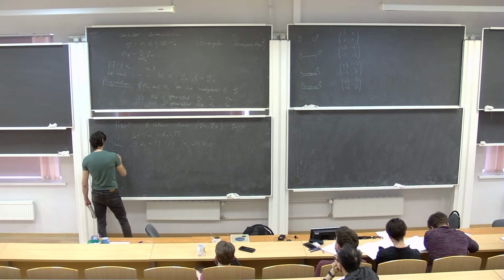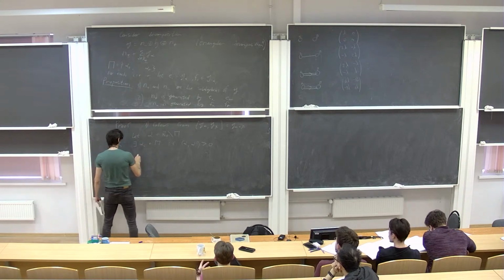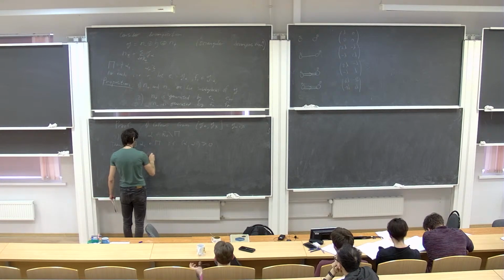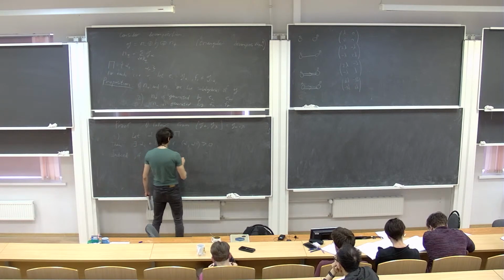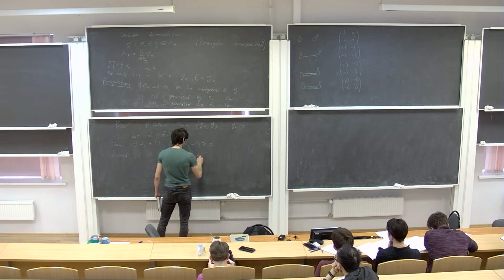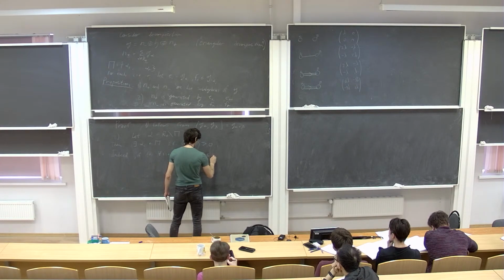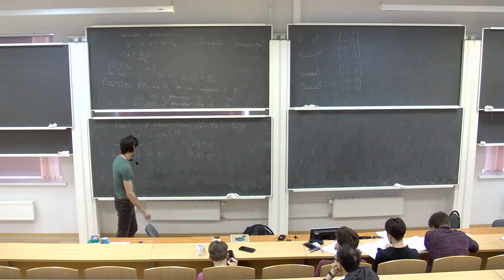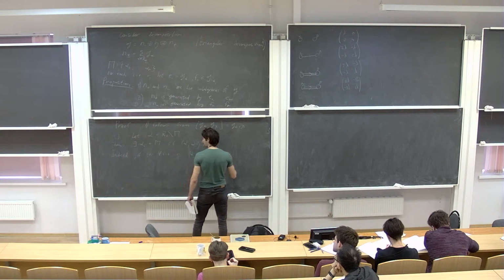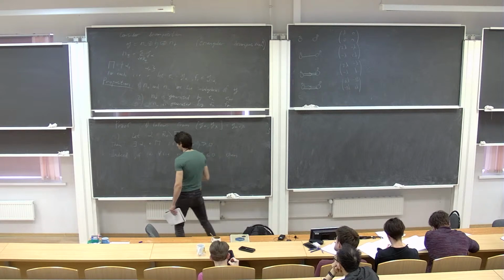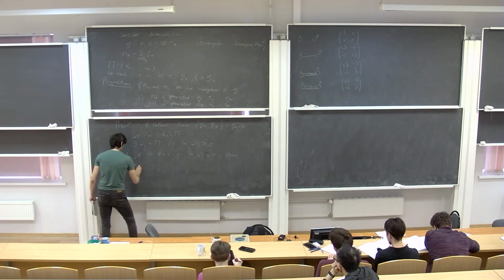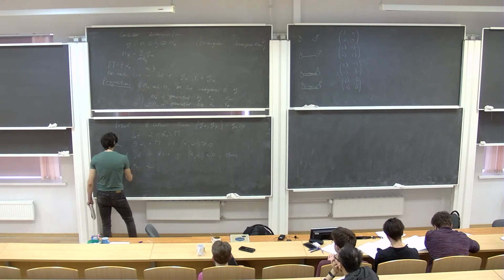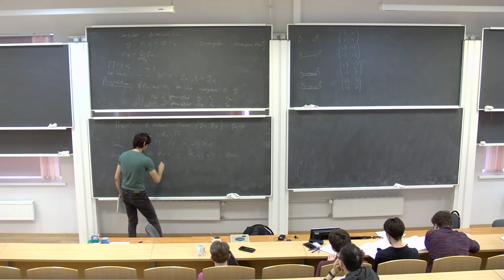Indeed, suppose the opposite. So if for every I from 1 to R we have this, then the set alpha, alpha 1, and so on, alpha R is linearly independent.